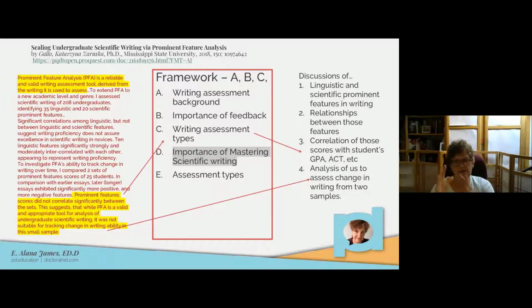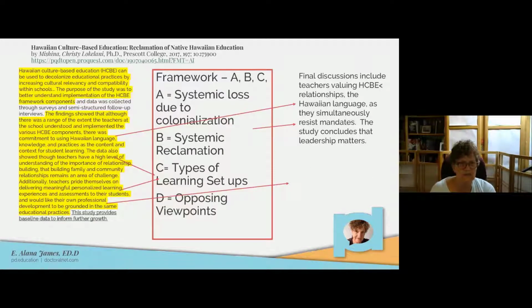The significance is not clear in the discussion or in the framework, and there is something here. I mean, they passed, they graduated. It's within the realm of fine, but look at the comparison to this one.